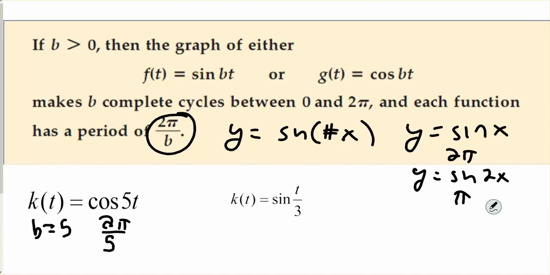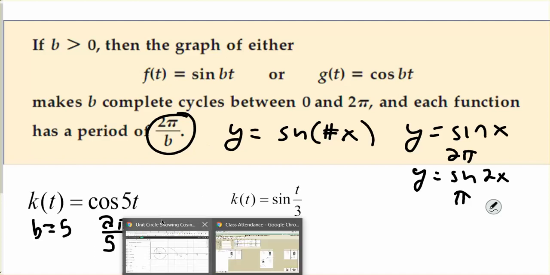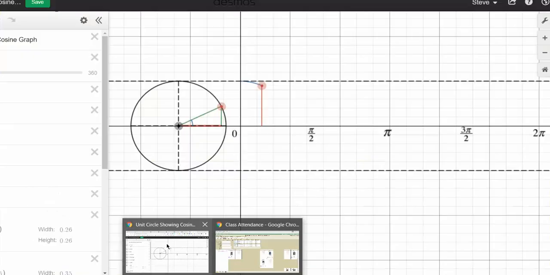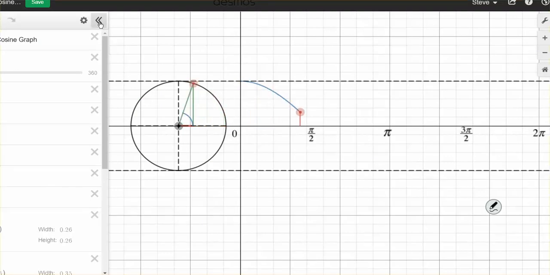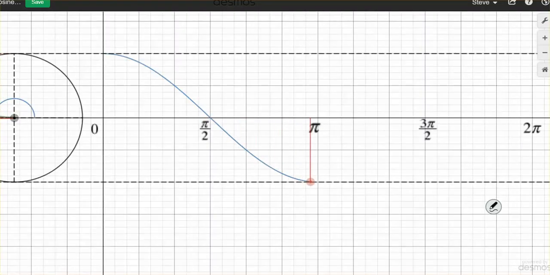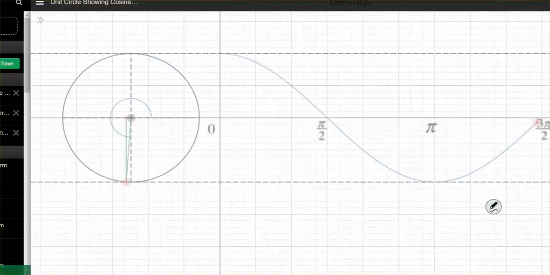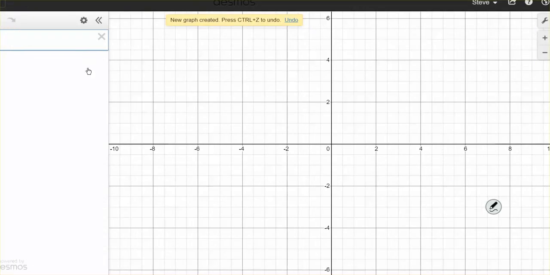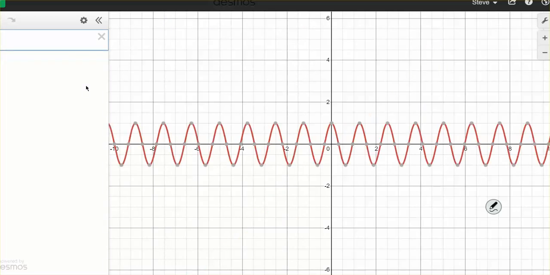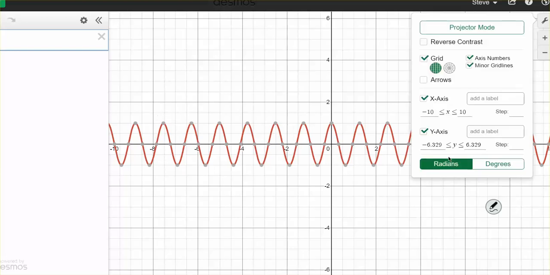So I'm going to go ahead and open up Desmos here. If I type in y equals cosine 5x, and I hit this little guy right here and change it to radians.